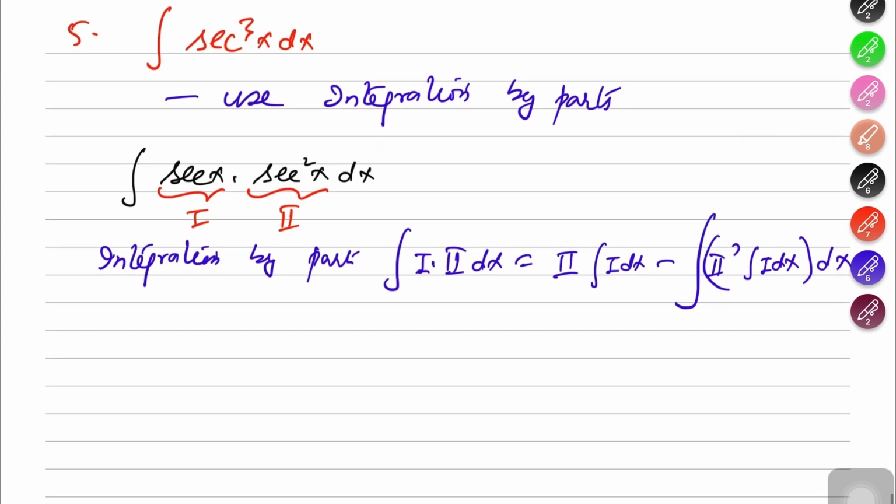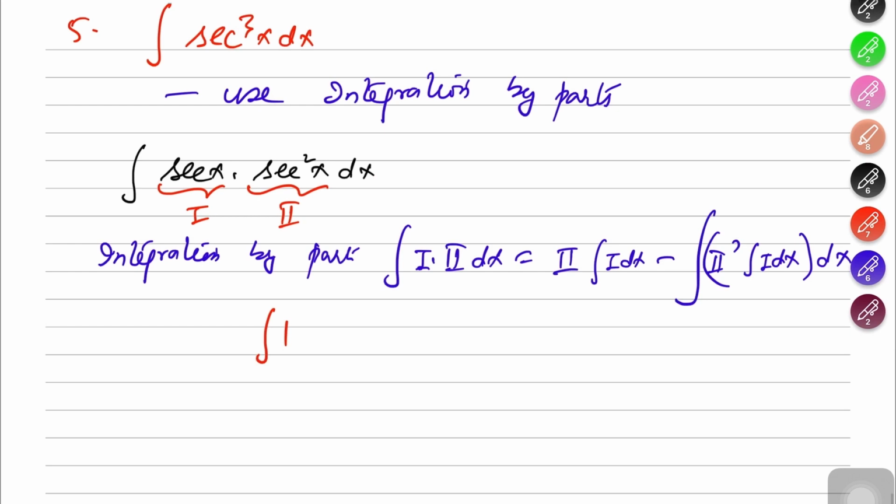Or we know that for f times g dx, if you want to integrate, we write one function as such and the other is integrated, minus the integral of the differentiated function times the integrated function. So this is how we write integration by parts.